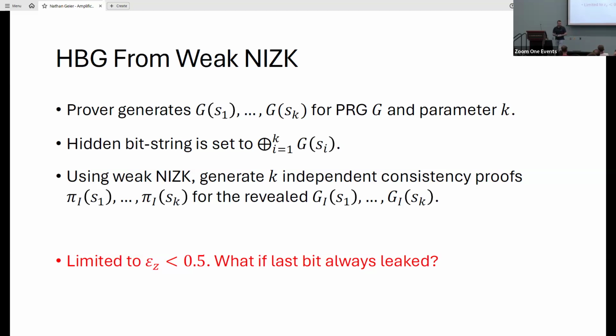You will still know the last bit of the outputs. So this approach is inherently limited to epsilon z smaller than half, because if the weak NIZC proof only leaks one bit, the simulator can always guess it with probability half. So the instance where the weak NIZC always leaks the last bit of the PRG is a half ZK NIZC, and you don't get any amplification at all.